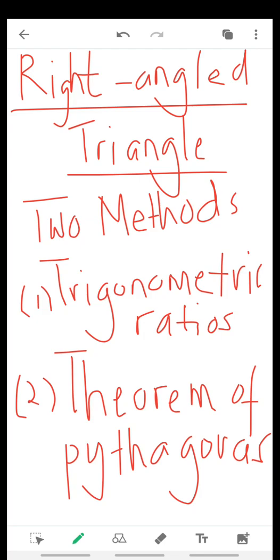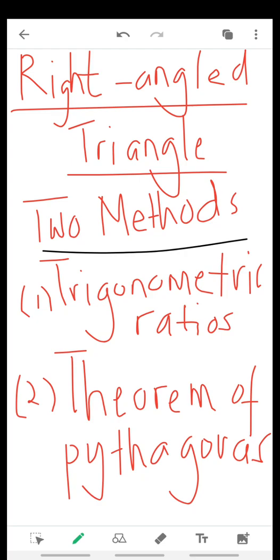Can we find a side or an angle that is unknown if a question is asked? Yes. And how do we do that? We have two methods of doing that. These methods will help us find any side or any angle that is unknown of a right angle triangle.